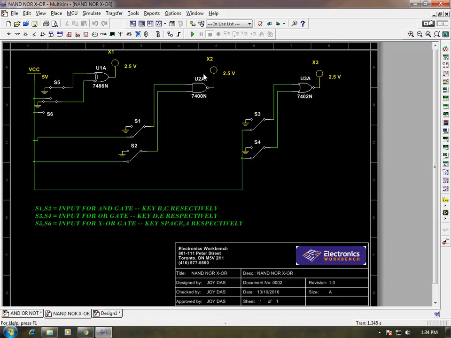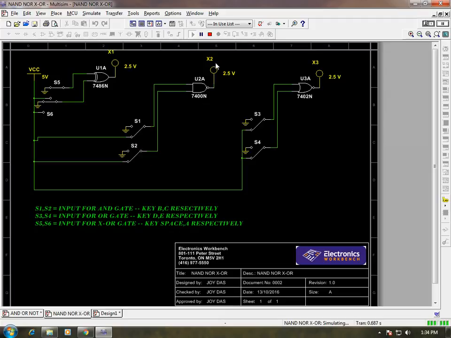Now what is the characteristic of a NAND gate? A NAND gate is simply an AND gate followed by a NOT gate, that is an inverter. That means the output of an AND gate is simply inverted. In an AND gate we get a high output for both inputs high, so it will be inverted.